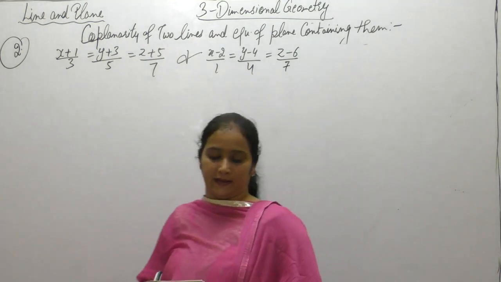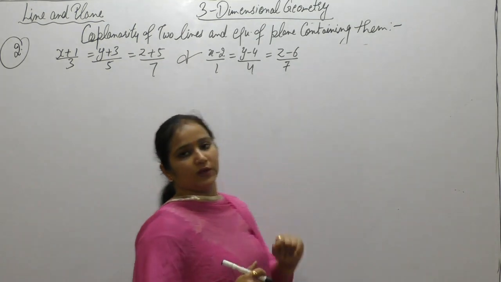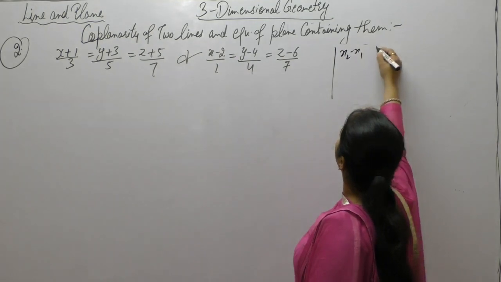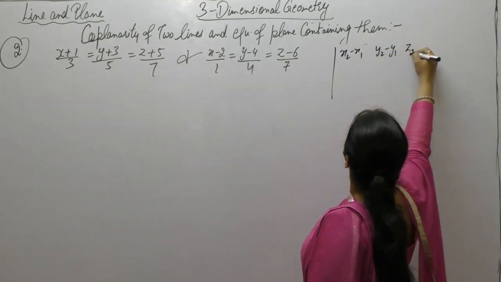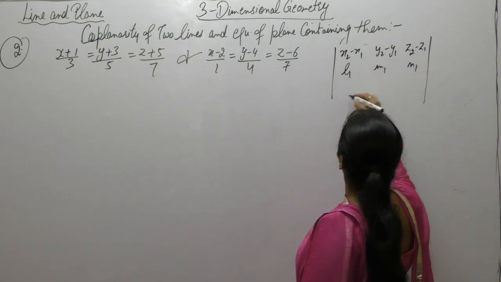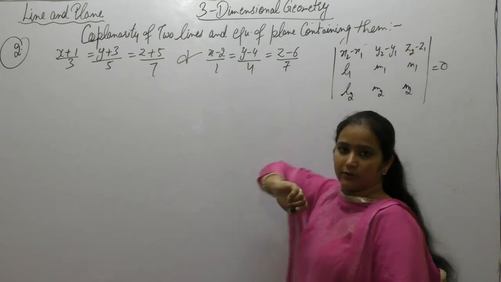Also find the plane containing these two lines. These two lines will be coplanar if we prove that the determinant of x2 minus x1, y2 minus y1, z2 minus z1, l1 m1 n1, l2 m2 n2 equals 0.